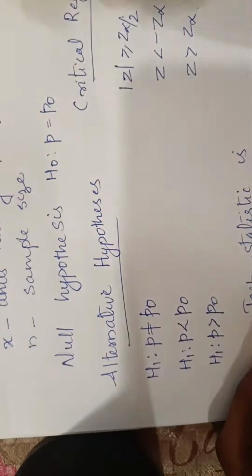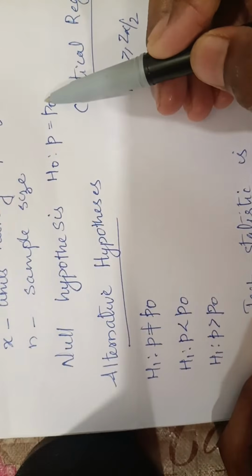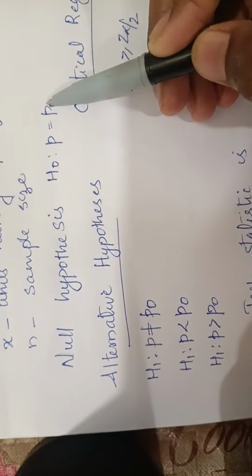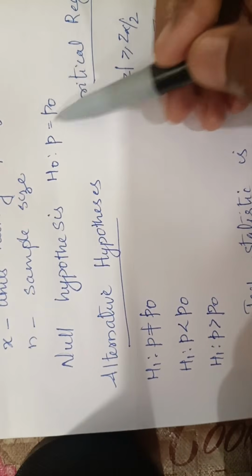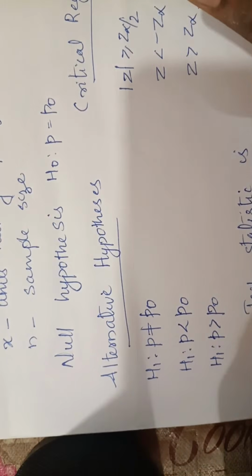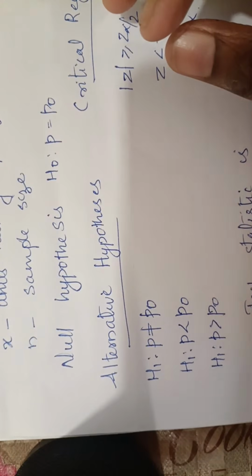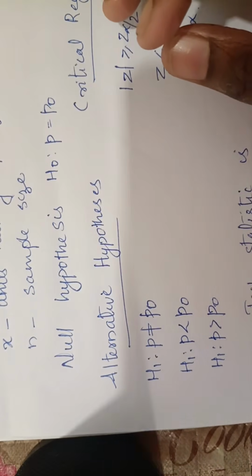So this P naught will not be greater than 1. It will always be less than 1 and greater than 0. So this value lies between 0 and 1. When you are given a problem to test the population proportion, remember that the value of P naught will lie between 0 and 1.